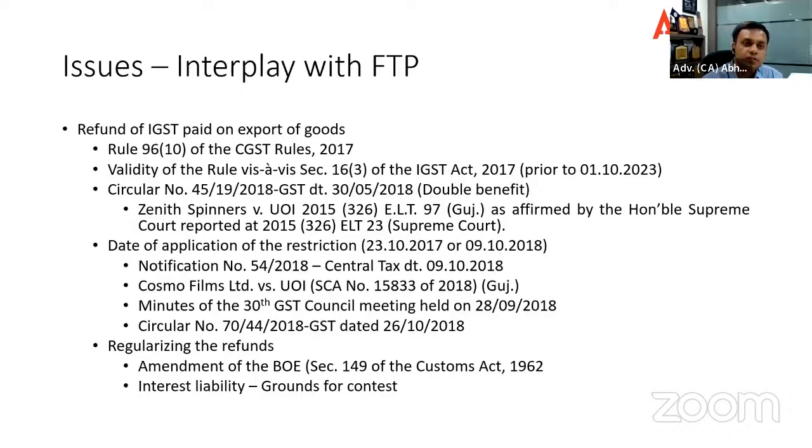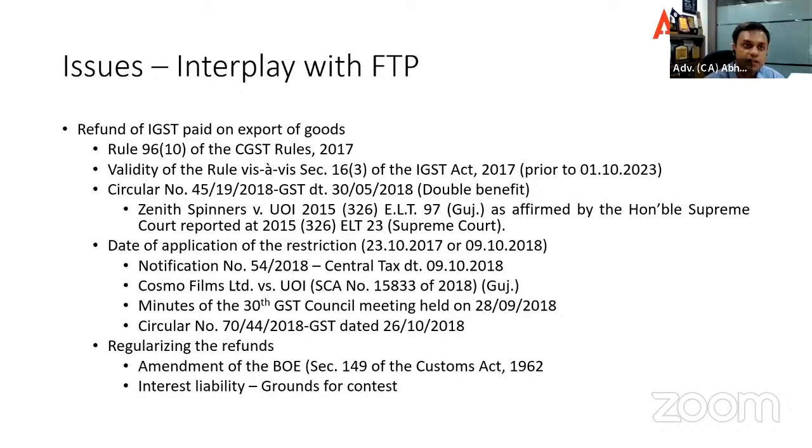So when it comes to testing the validity of this sub-rule, one important question one will have to ask is whether it is really a case of double benefit in all situations. There are situations where the exporter may be importing only one of the inputs. The rest nine inputs, the exporter may be purchasing either from the domestic market on payment of applicable GST, or the exporter may be importing also, but not under advance license, but as regular imports, where the exporter would be discharging the applicable IGST.